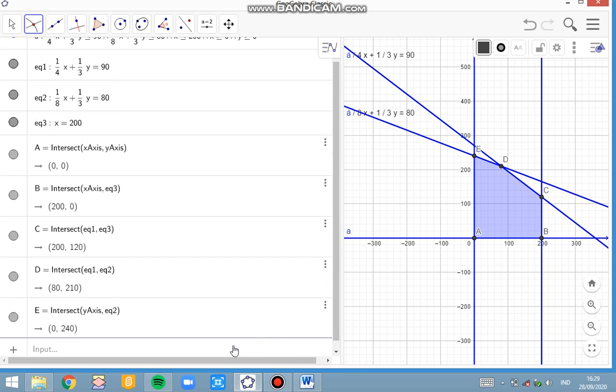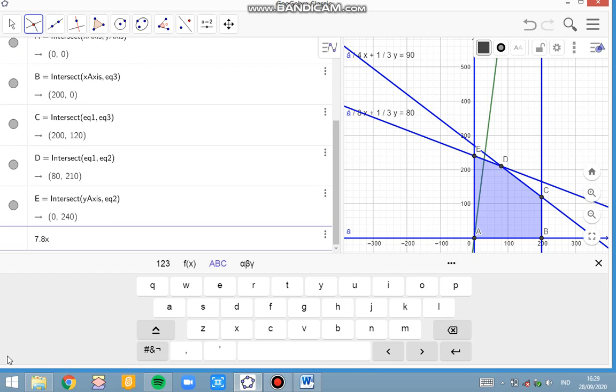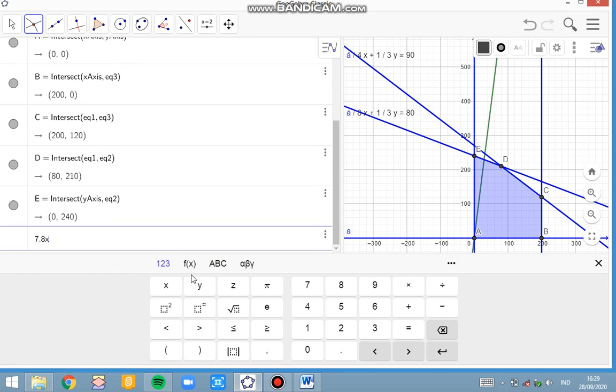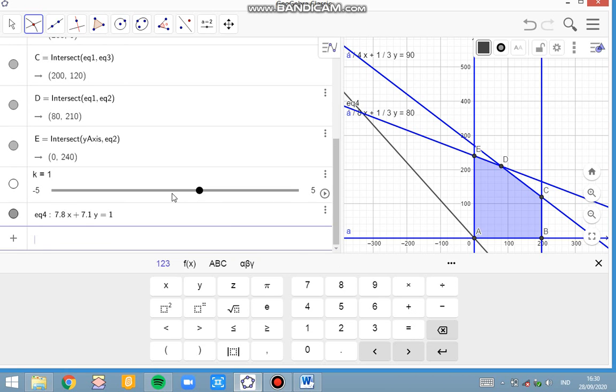Next we must define the objective function, that is 7.8x plus 7.1y equals, we denote the value by the letter K. Yeah, I'm sorry, I made a mistake here.